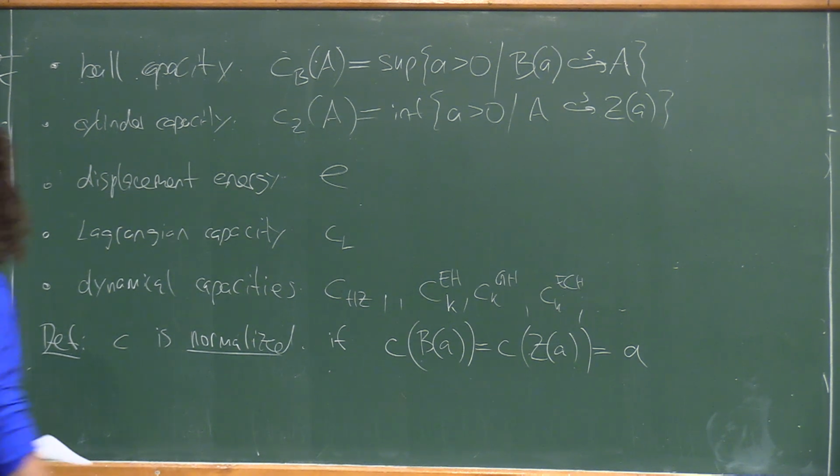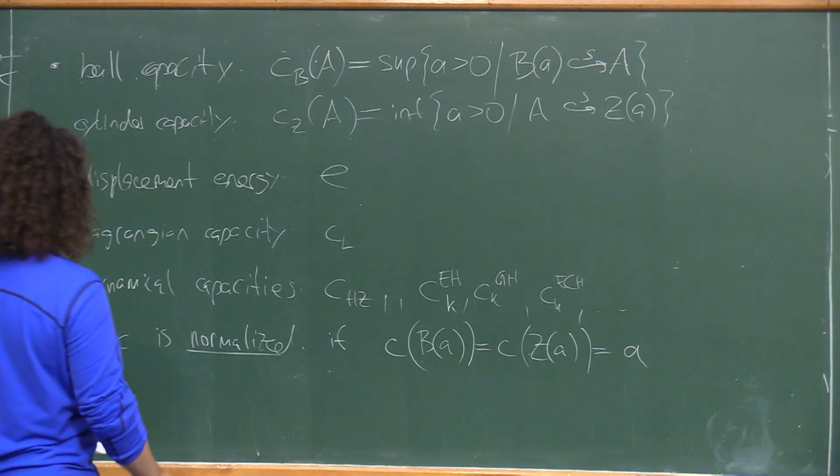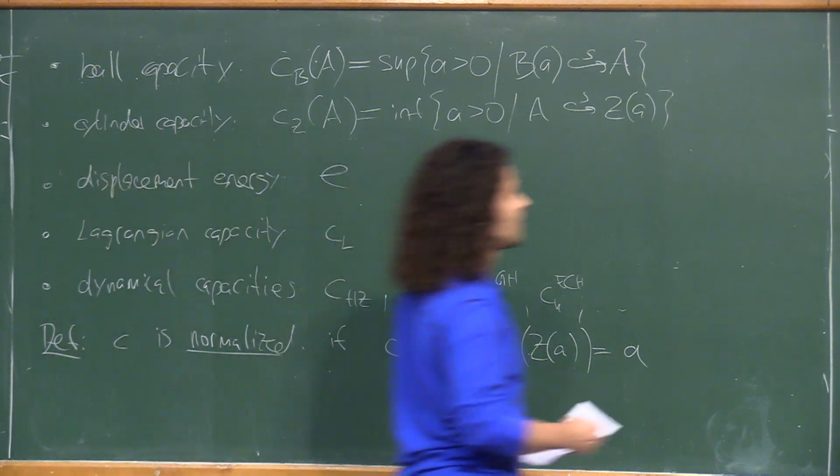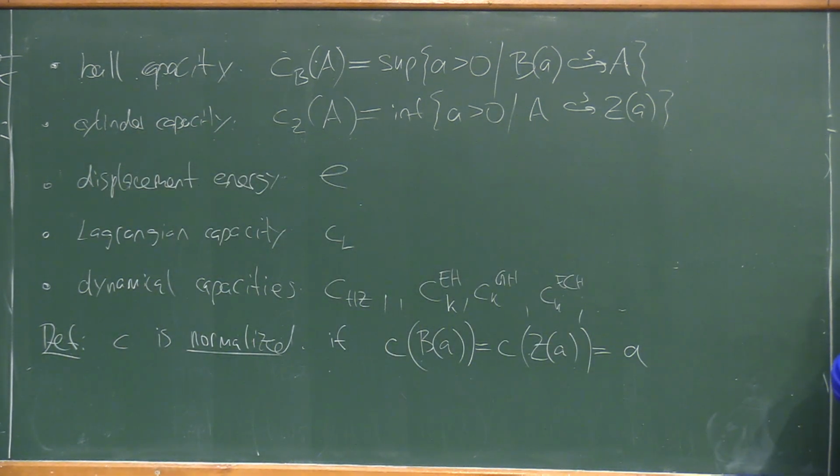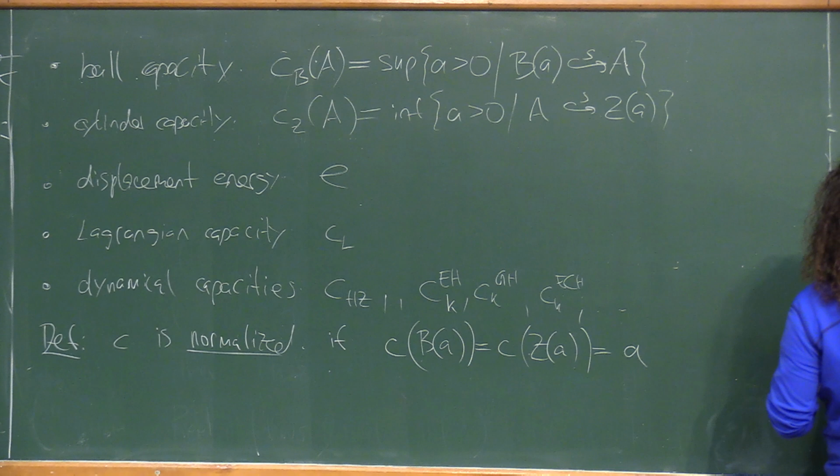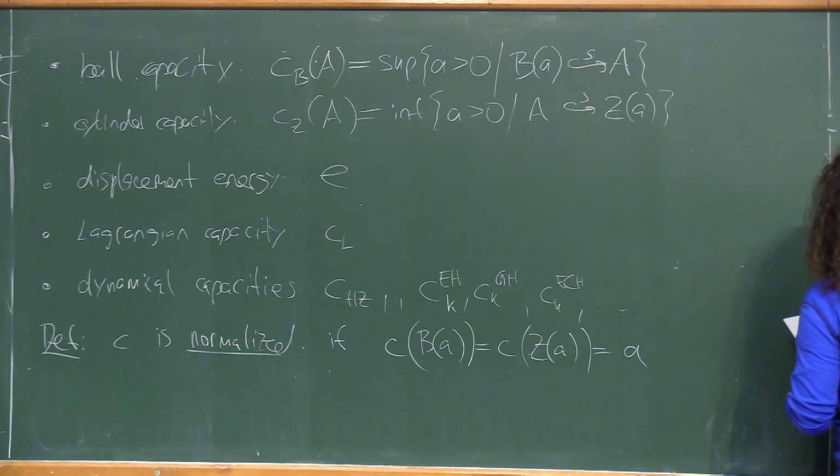Okay, and so there's a very interesting conjecture about these normalized capacities, which is in the literature often called the strong Viterbo conjecture.